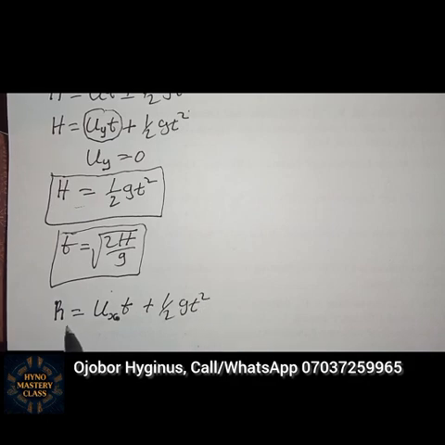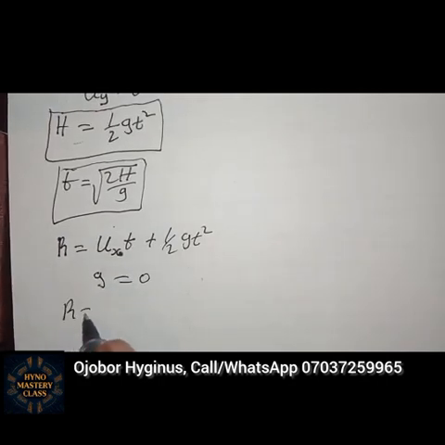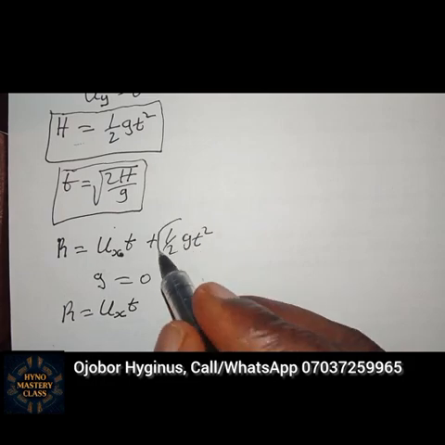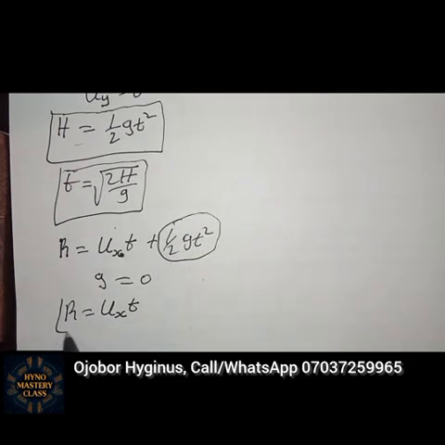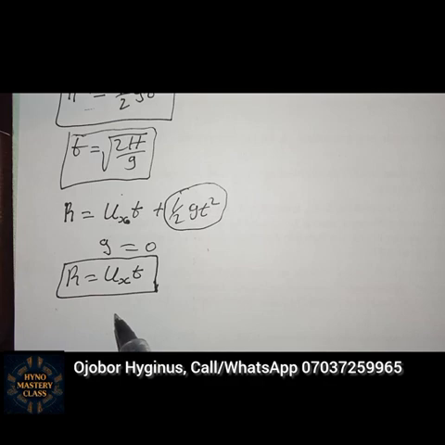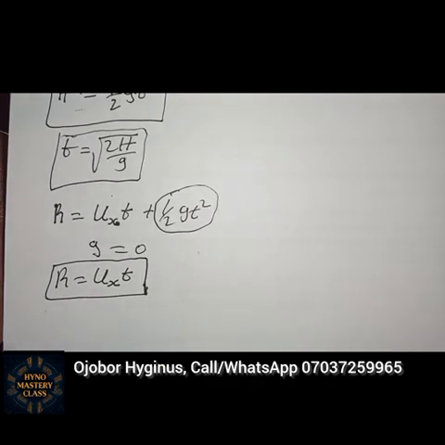Since it is range we are considering, the acceleration due to gravity does not affect the horizontal motion of a body. So at horizontal, g equals 0, and if g is equal to 0, then r will be equal to just the horizontal component of the velocity times time. It means that if g is 0, everything here becomes 0. So this is the formula we use to determine the horizontal distance covered by a projectile if the projectile is thrown horizontally from a height.